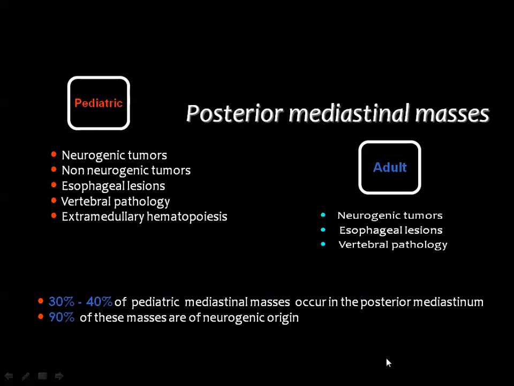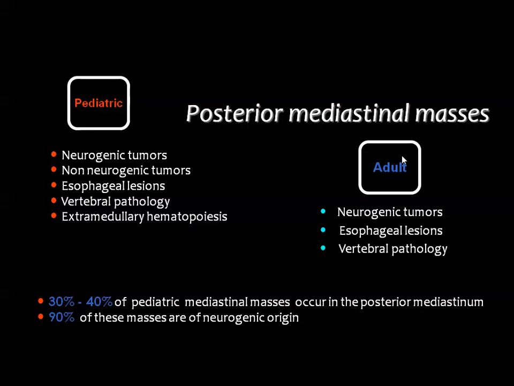Posterior mediastinal masses are largely of neurogenic origin, and these represent about 30 to 40% of the mediastinal masses, and 90% of the masses in the posterior mediastinum are of neurogenic origin.